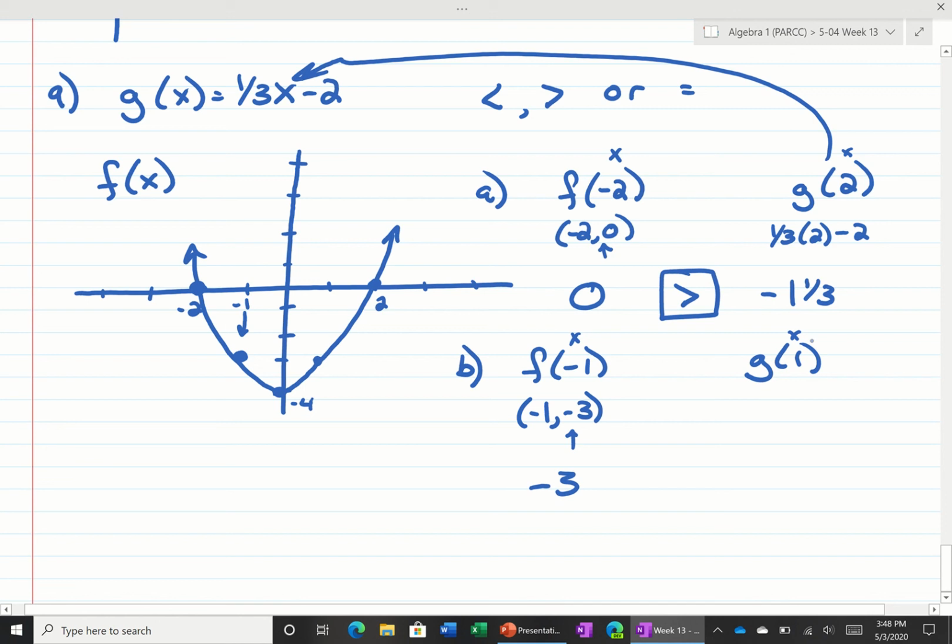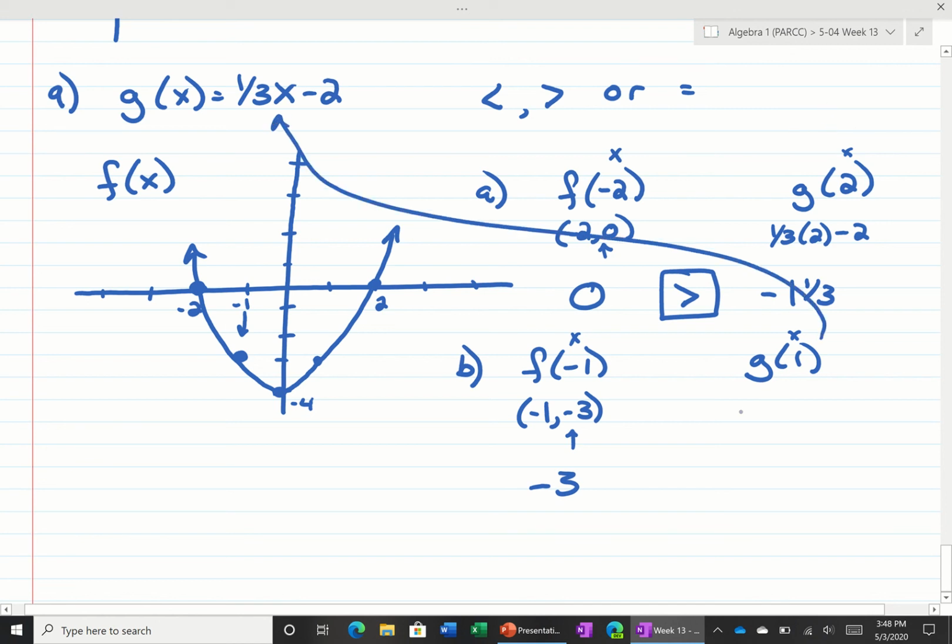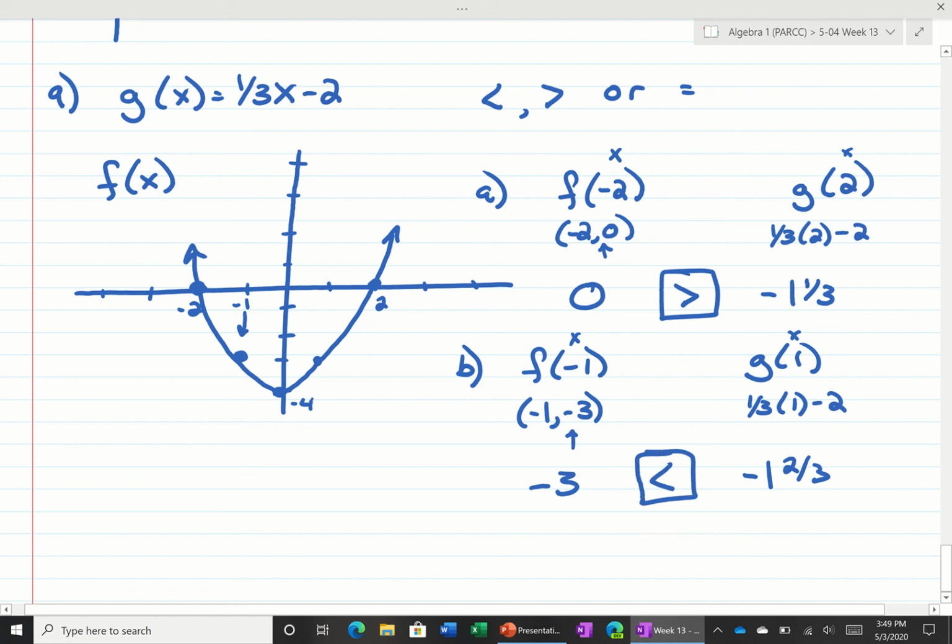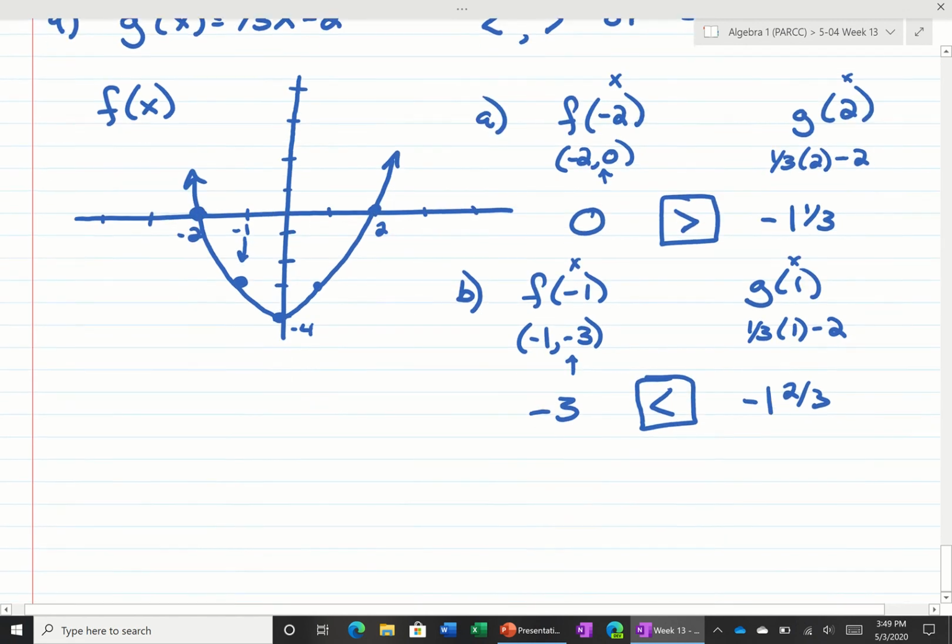For g of 1, we're going to put 1 in for x. And if we do that, 1/3 times 1 minus 2 is -1 2/3. Now with negative numbers, you guys know the bigger the negative number, actually the smaller it is. So for this answer, -1 2/3 is greater than -3.